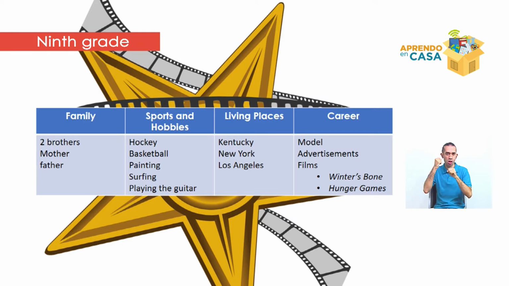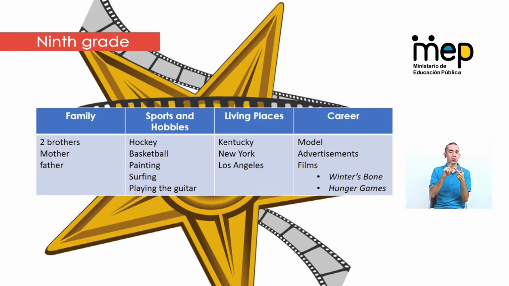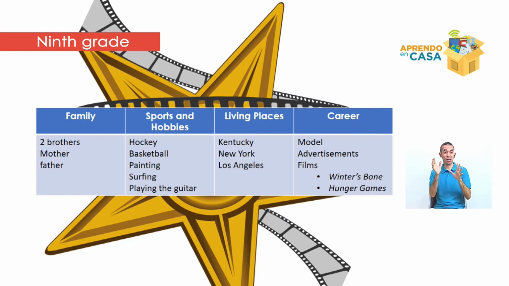And she has been in films like Winter's Bone and The Hunger Games. Those are the 2 different films that we're talking about today in the case of this text that you had, right? Excellent job. Very, very good.